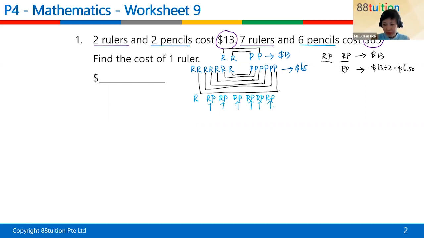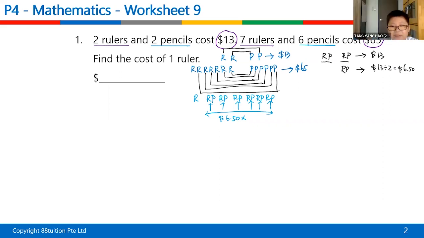So what is the first thing I need to do? I need to find this, multiplied by what? 6 pairs. We can do 13 times 3, and it will be $39.